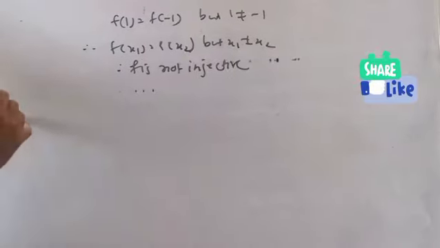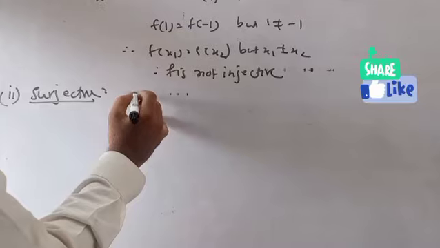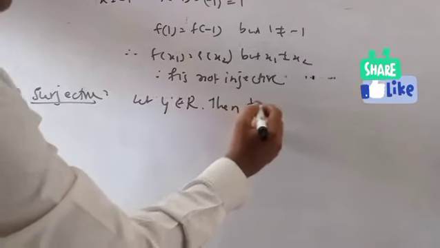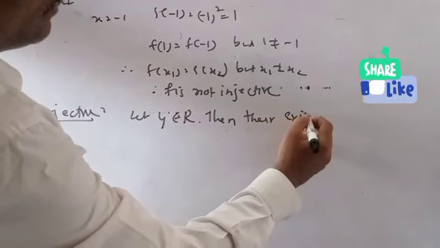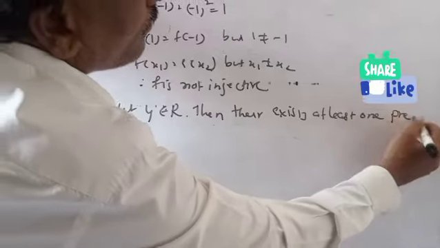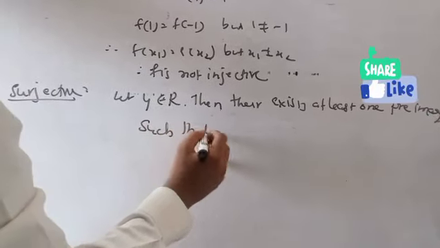Second one, surjective function. Let y belong to the real numbers. Then there exists at least one preimage x such that f of x is equal to y.